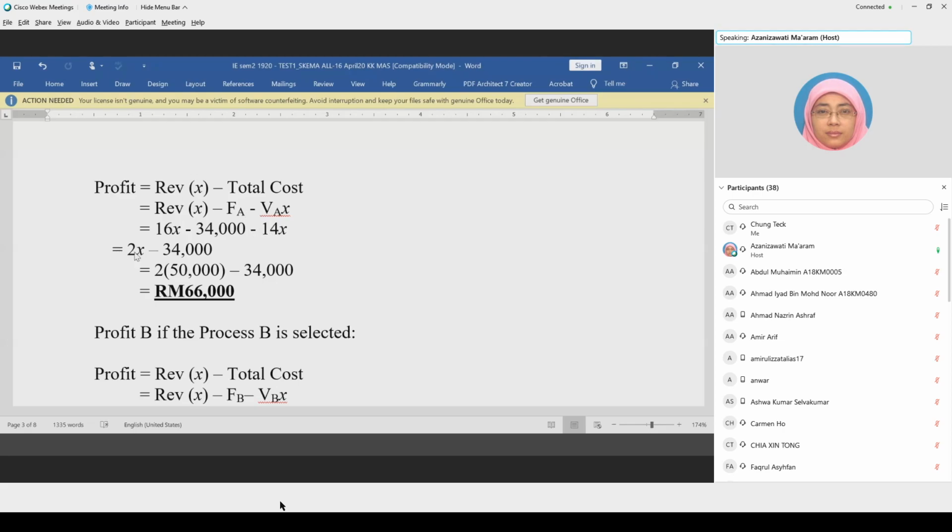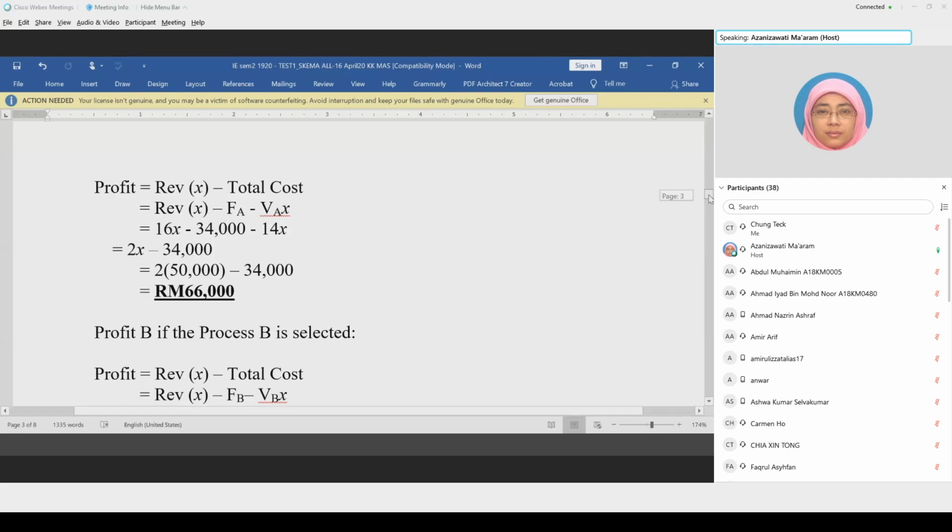So you will get 2X minus 34,000. So you replace the X with the demand. X is 50,000. So you will get the profit is 66,000. So that is if let's say you choose process A.